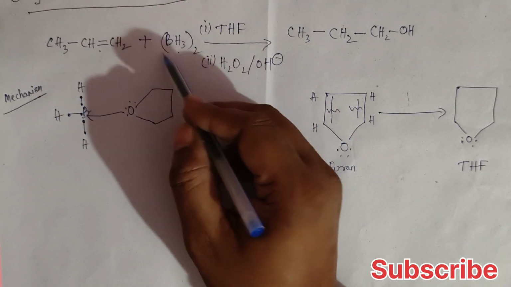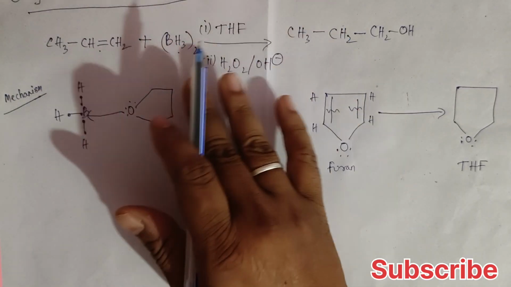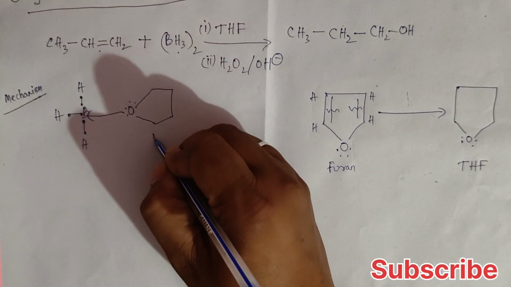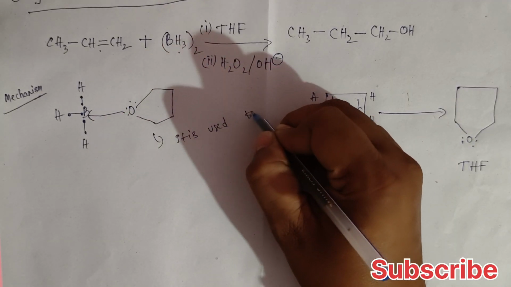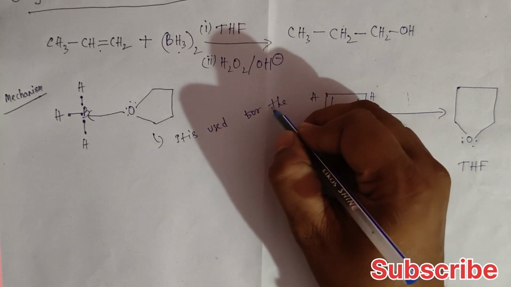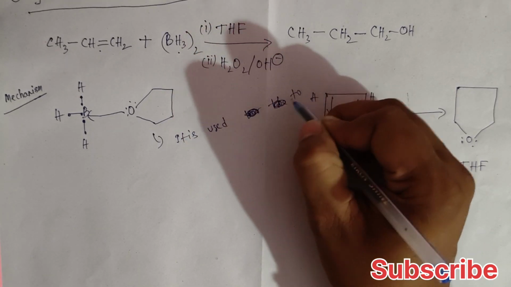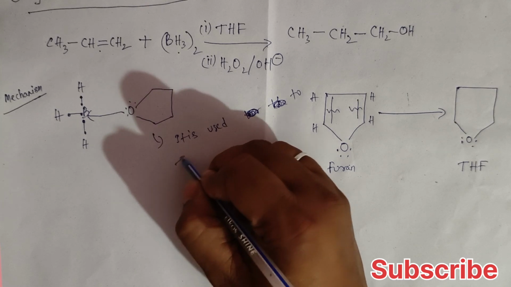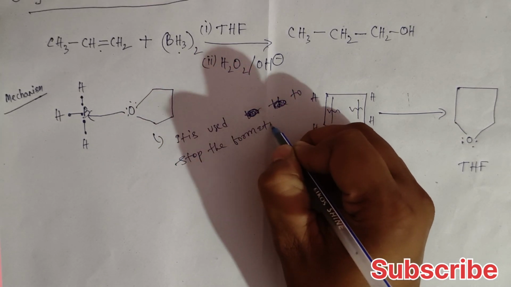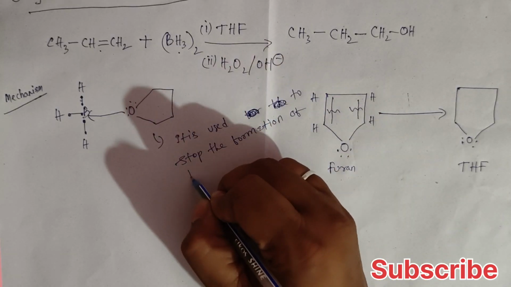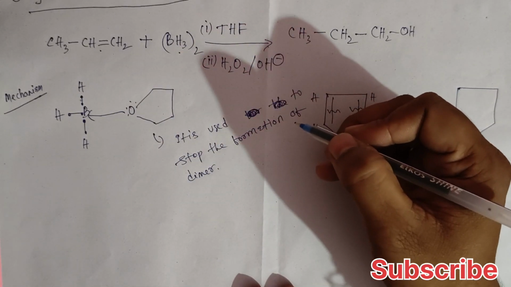This is a B2H6 dimer. If the dimer is formed, then this reaction will not take place. So it is used to stop the formation of dimer.